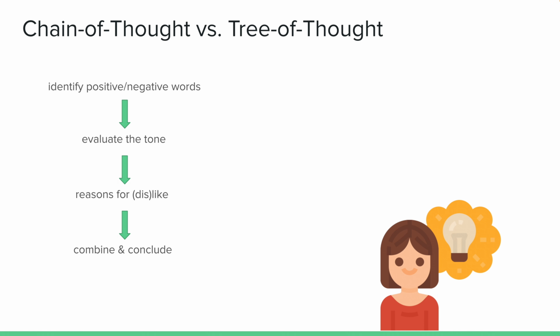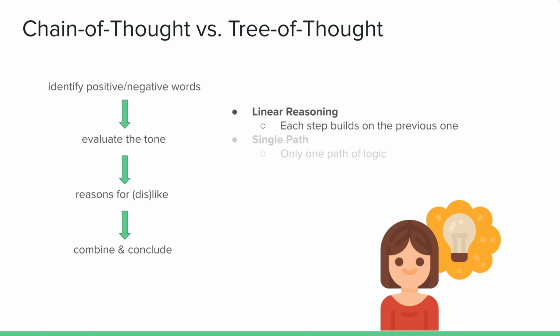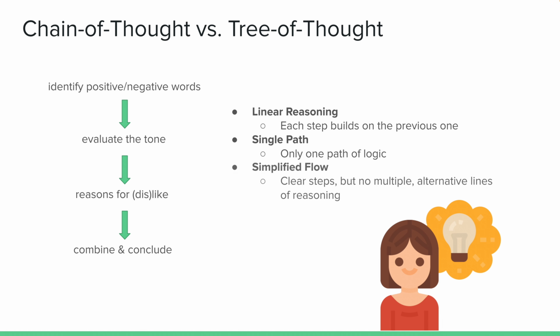To recap, chain of thought is a linear reasoning process where each step builds on the previous one, leading to a final conclusion. The model follows a single path of logic, without diverging into multiple possibilities or alternative lines of reasoning. This creates a simplified flow, where the steps are clear but there's no branching into other ideas or considerations.